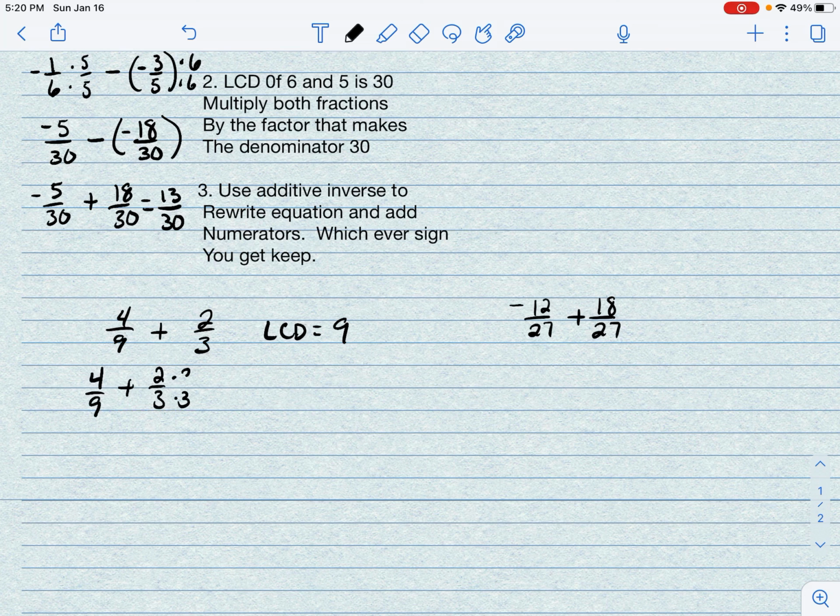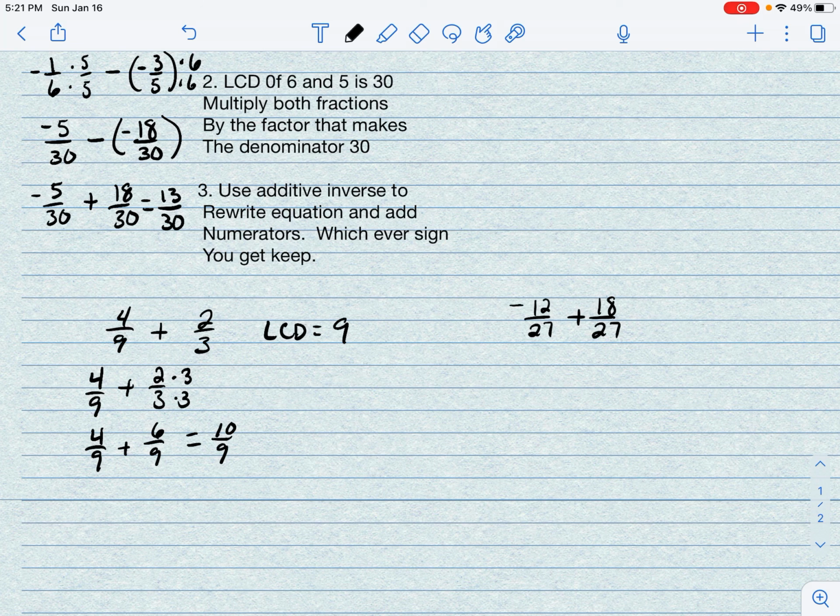We're going to times this one by 3, both top and bottom. So 3 times 2, that's going to be 4/9 plus 6/9. This is going to give us 10/9. Once again, you could convert this into an improper fraction. We're going to worry about that later.